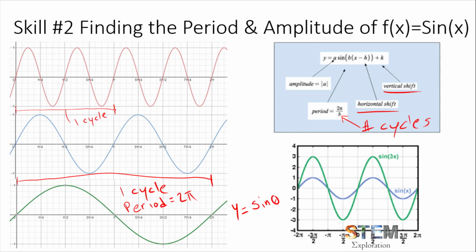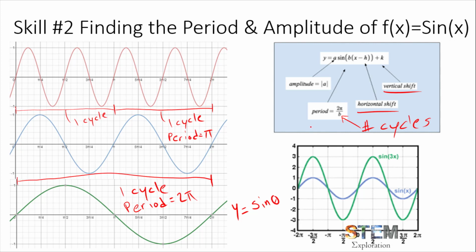And if I go from pi to 2 pi, that is yet another one cycle. And the cycle here that we're looking at, they both have a period equal to pi. And so if we want to write out a sine function for this, we see that the amplitude is 1.